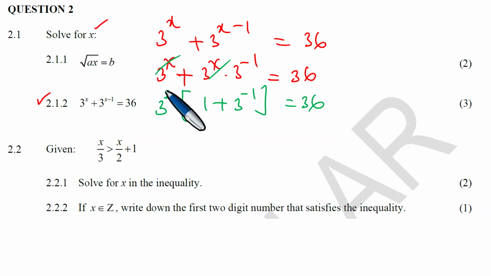And then 3 to the power of x times 3 to the power of -1 is 1. And then it equals 36.